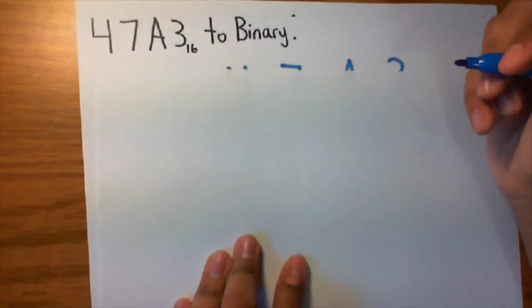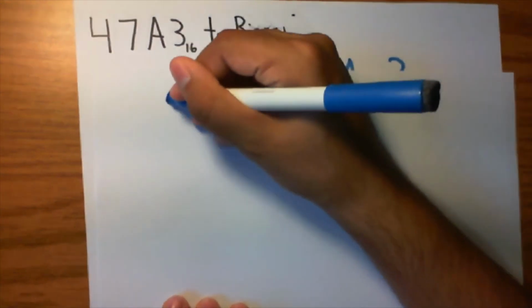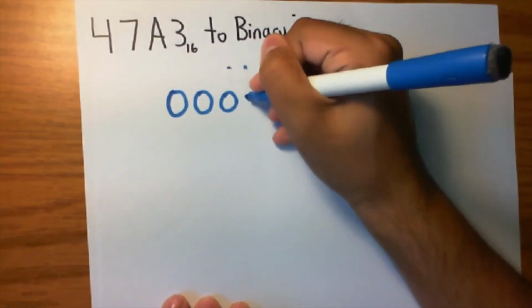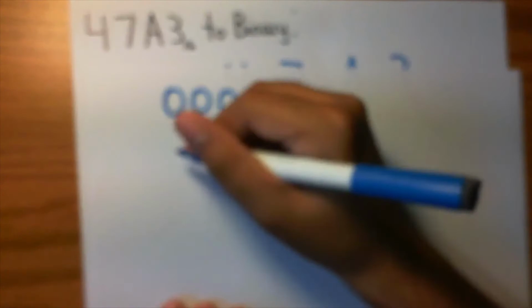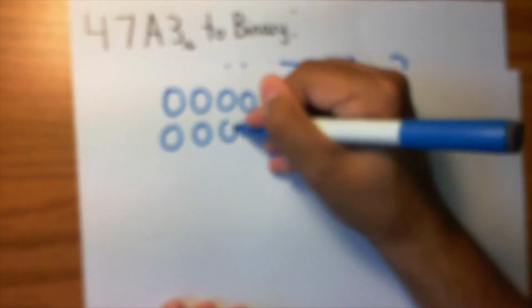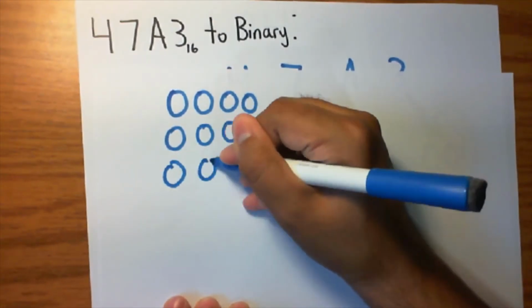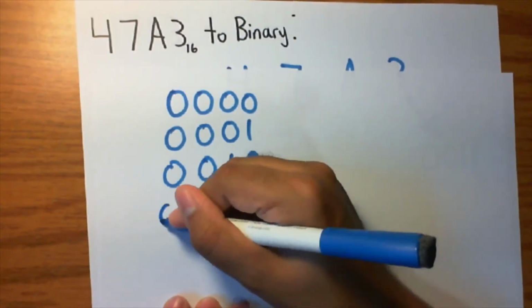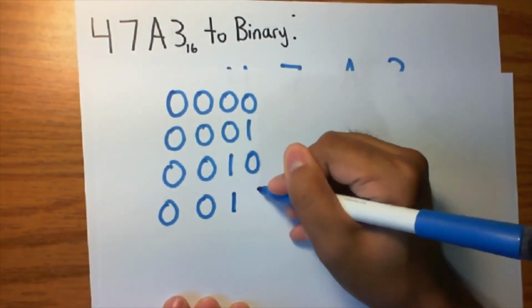So what we'll do is start here. We have 0, 0, 0, 0. So this is 0. Then we have 1. Then we have 2. Then we have 3.